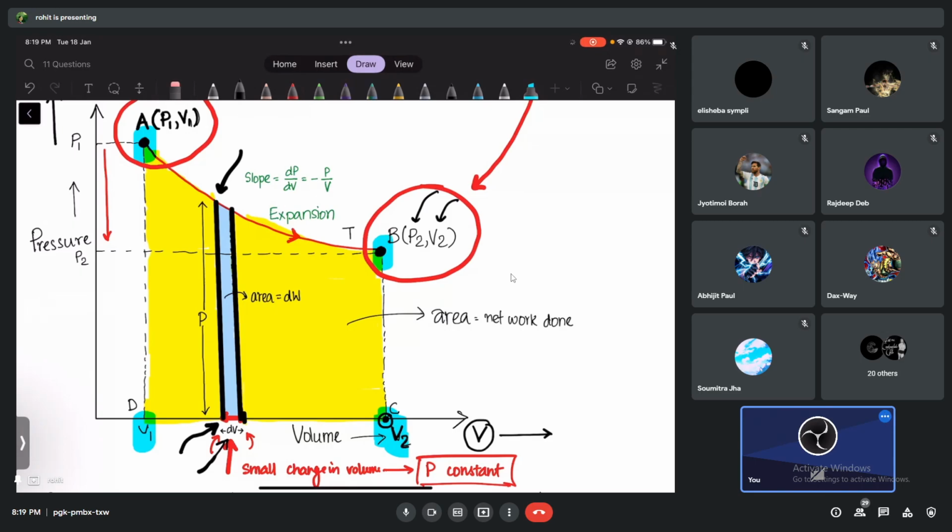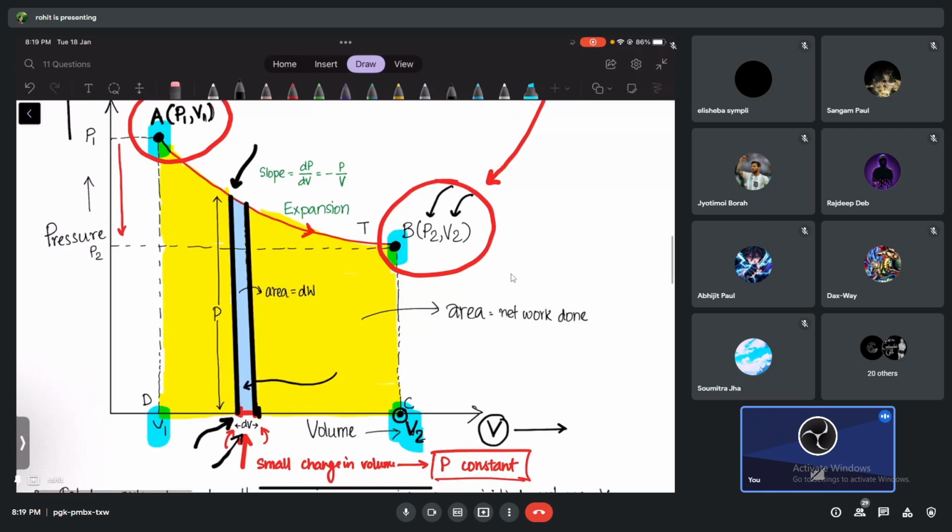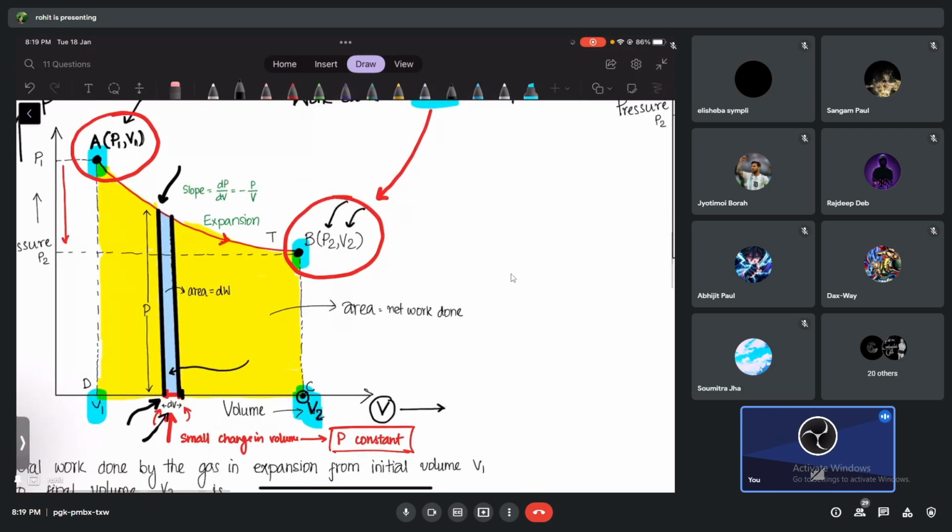Let's calculate how much work is done during this small expansion. I cannot do it for the entire case directly, because the force doesn't remain constant. But let's say for a very small expansion, dV, tell me what is the work done.